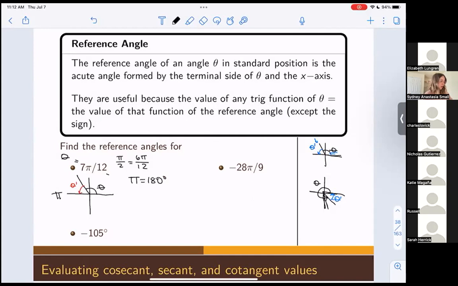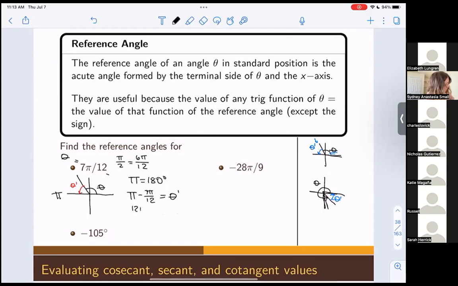In order to solve for theta prime, we can take pi minus 7 pi 12ths, because we have a full pi here and we want to subtract 7 pi 12ths, since 7 pi 12ths plus whatever theta prime is equals pi. Subtracting 7 pi 12ths from both sides, we get pi minus 7 pi 12ths equals theta prime. I'll erase this here just to make more room.